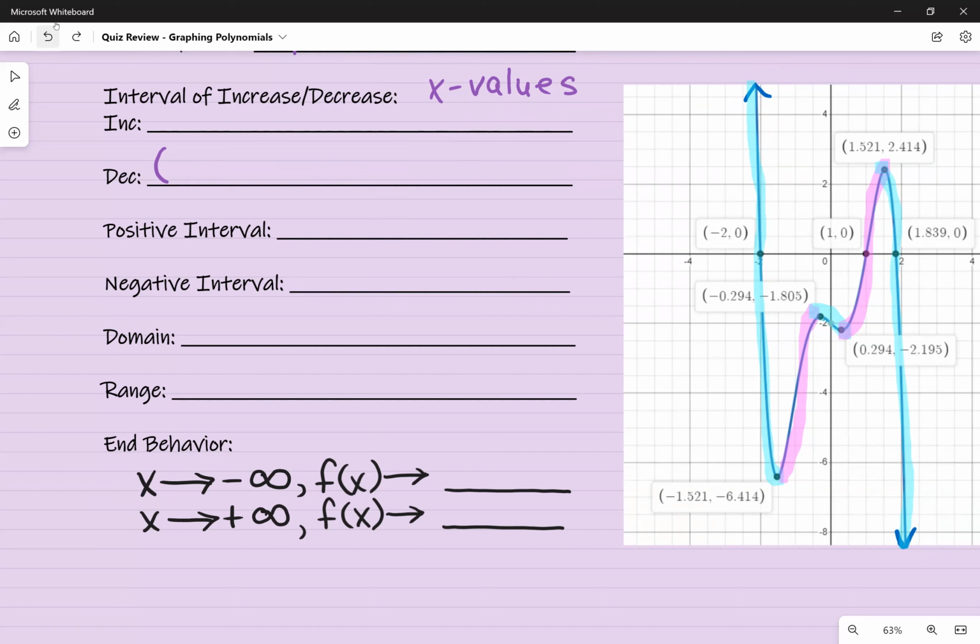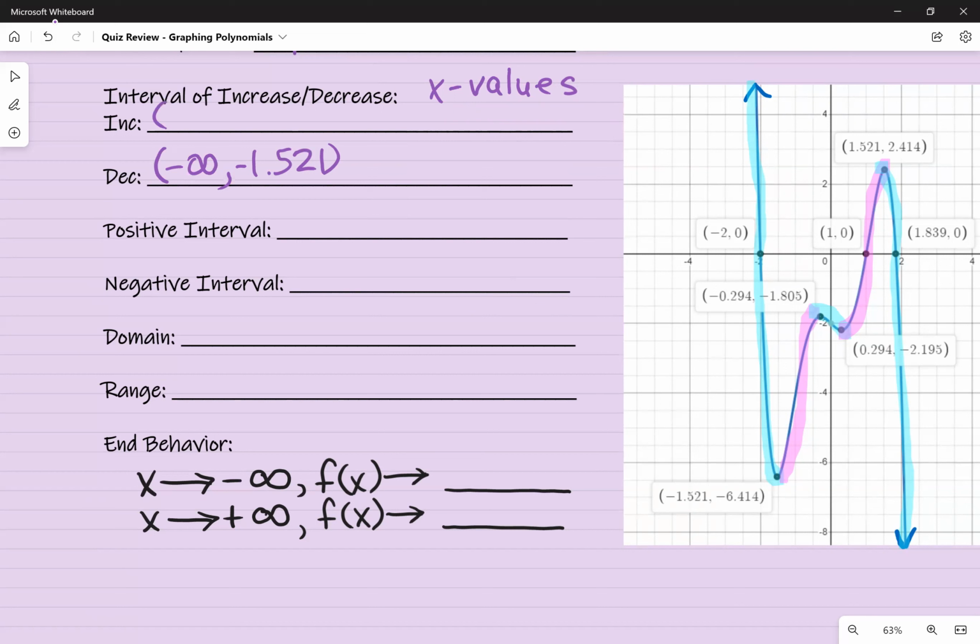Looking at the blues, we started from negative infinity, and just because it's negative infinity does not mean that it's going to automatically be with the decrease. You just have to follow your finger. So negative infinity, and then we stopped at the first X, which was negative 1.521. Well, from that negative 1.521, we had to pick up and go up.